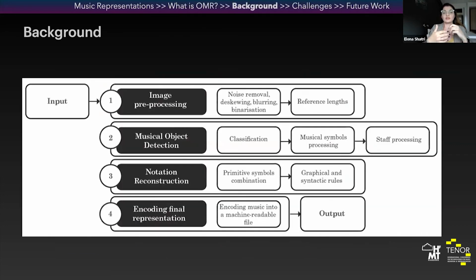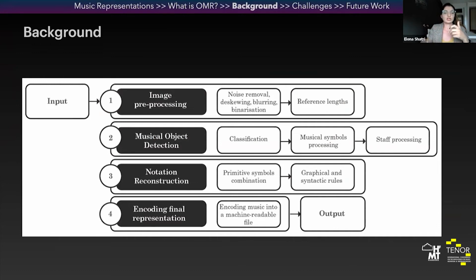OMR is conventionally tackled in four stages: image processing, object detection, object reconstruction, and finally encoding. In the first stage, images of sheet music are subject to preprocessing methods such as enhancement, binarization, deskewing, and blurring, in order to make the rest of the OMR process more robust.